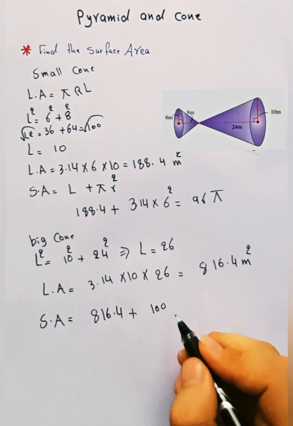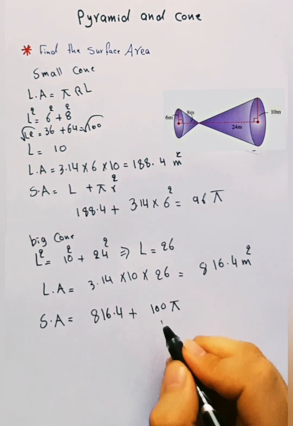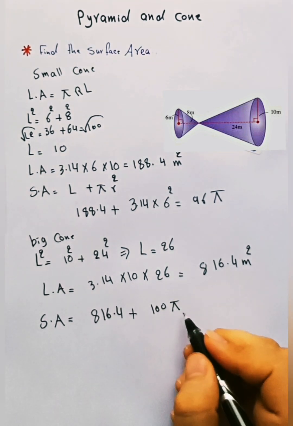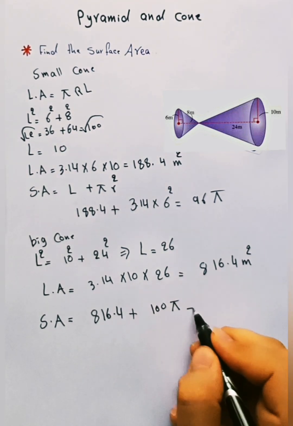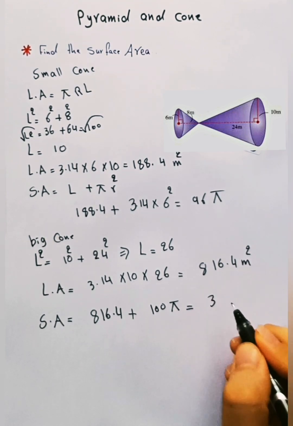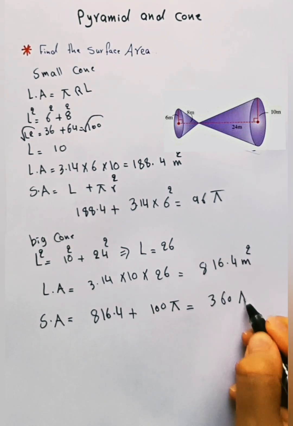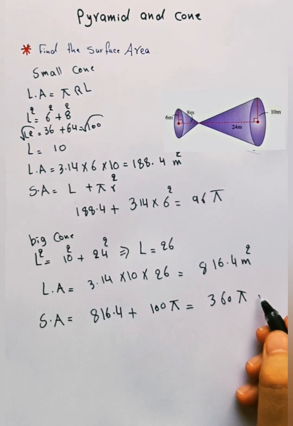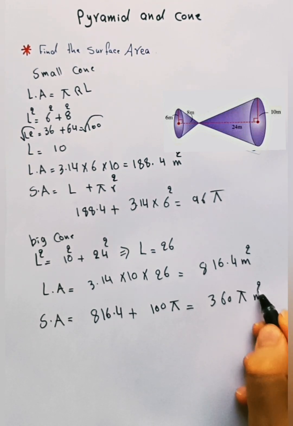The area of the base is 10 times 10, which is 100 pi, because the radius is 10. After that, the sum is equal to 360 pi square meters.